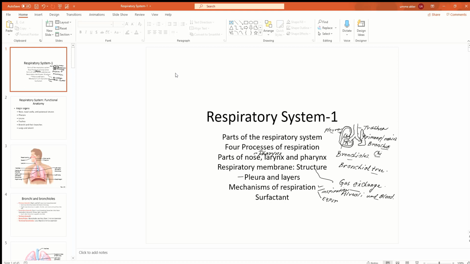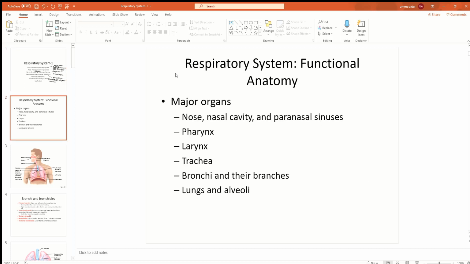So those are the things we'll talk about in this part of the respiratory system. So first see the organs or parts of the respiratory system.